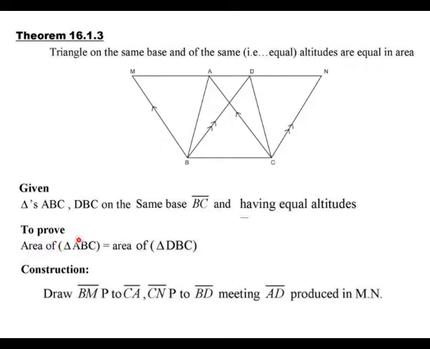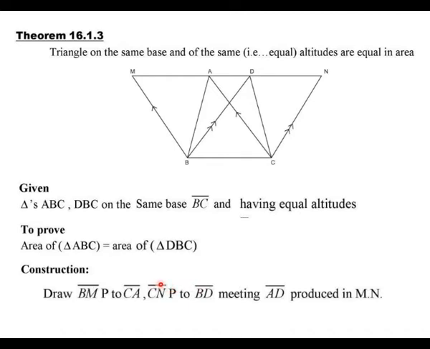So area of triangle ABC and area of triangle DBC, both triangles have the same area, equal area. Construction: draw BM parallel to CA. This is BM. We have to draw BM parallel to CA and CN parallel to BD.